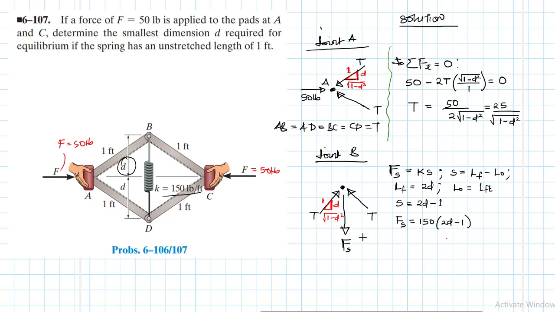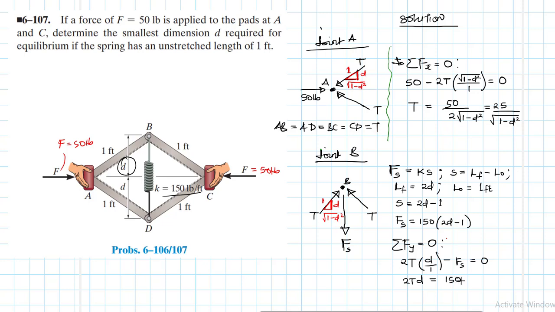So now let's apply the equilibrium equation for this joint B. Summation of forces in the y direction equal to 0. This is B. So what do we have? We have 2T times the slope, and the slope is just D over 1, minus Fs, equal to 0. Therefore, 2TD is equal to Fs. What is Fs?